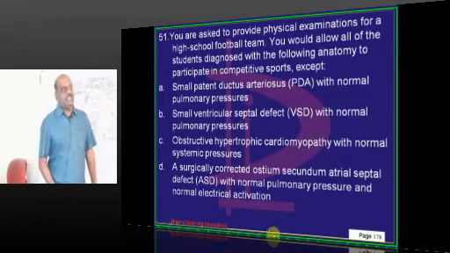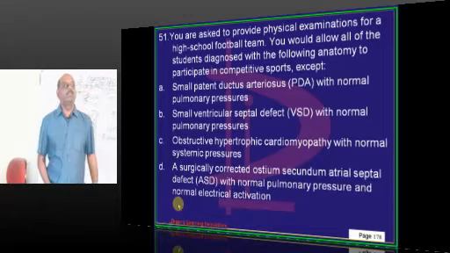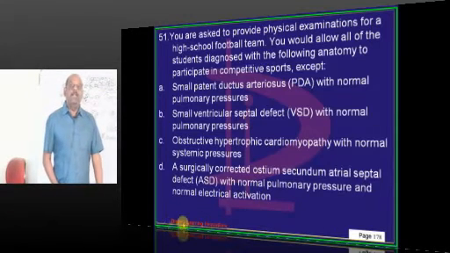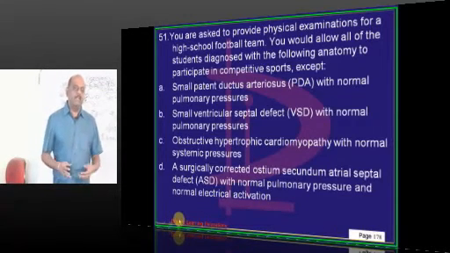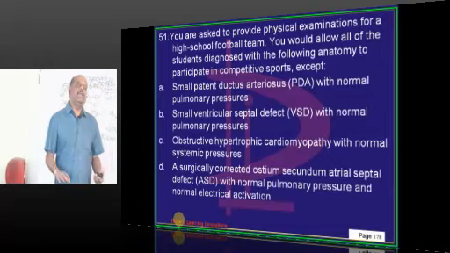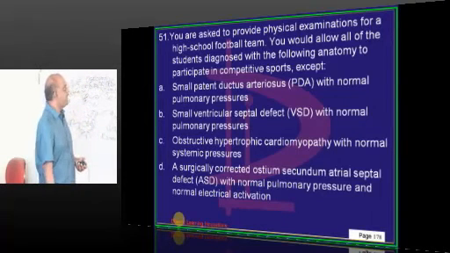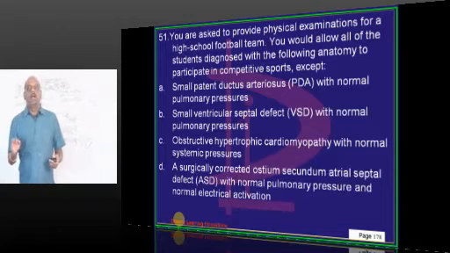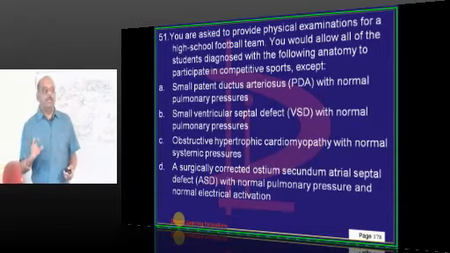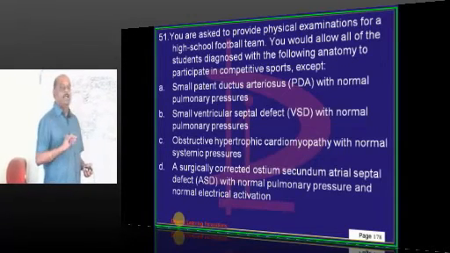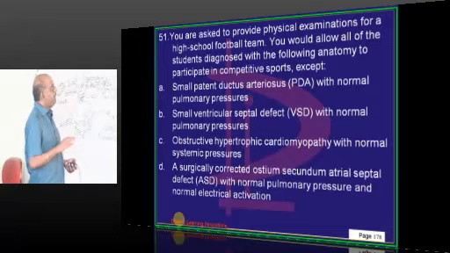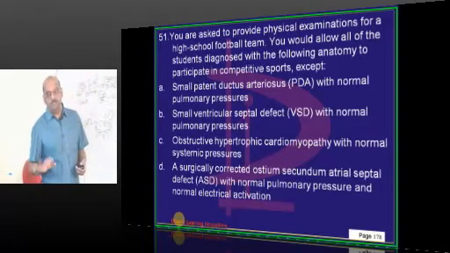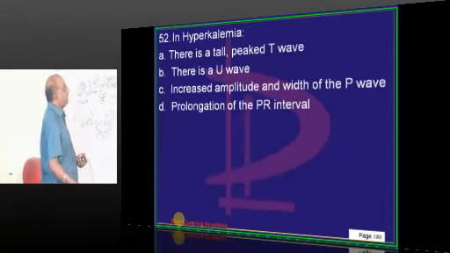In MVP or HOCM they have a predisposition for ventricular fibrillation. Sudden onset of ventricular fibrillation will kill them before somebody can resuscitate. So that is the reason: in obstructive hypertrophic cardiomyopathy, HOCM and MVP, you have to be careful and prevent them from participating in competitive sports. That is what you need to basically remember.